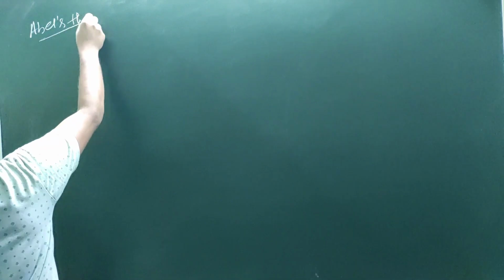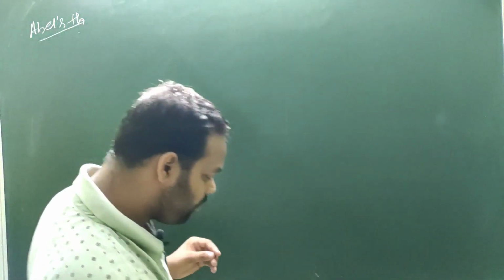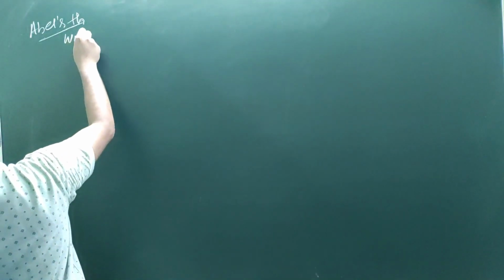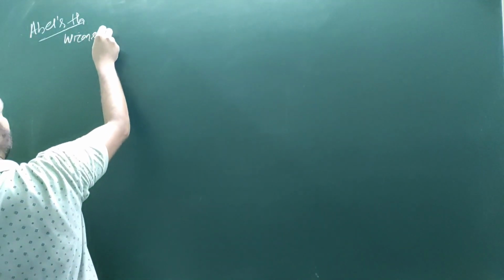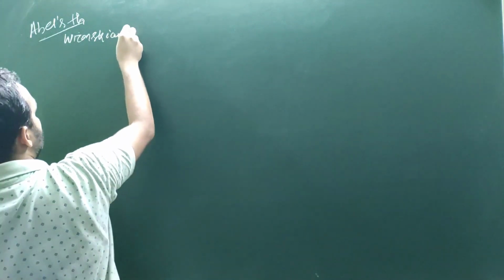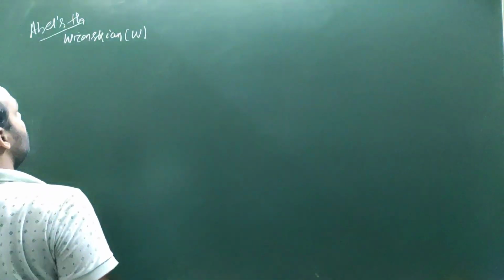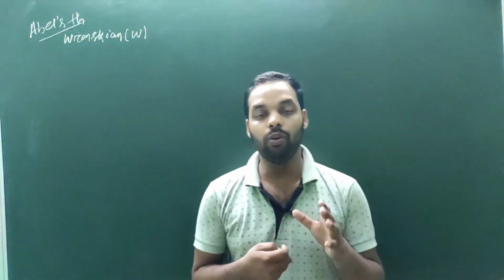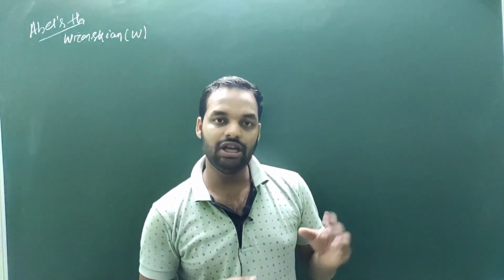So let's start. First of all, we will see what is Abel's theorem. Here we have to find a quantity called the Wronskian, written as capital W, and this is applied only when we have a linear homogeneous second order differential equation.